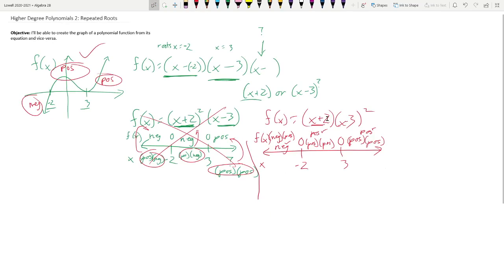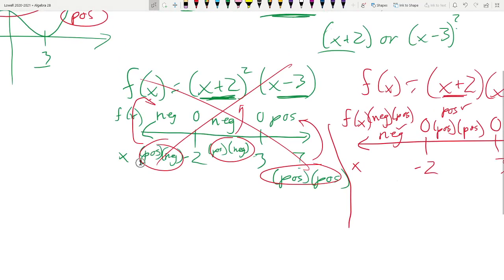Okay. I want to point something out here. We're going to look at the sign charts here, so let me clean this up. Notice that when I had an even power on this linear factor, what happened? We went from negative to negative.